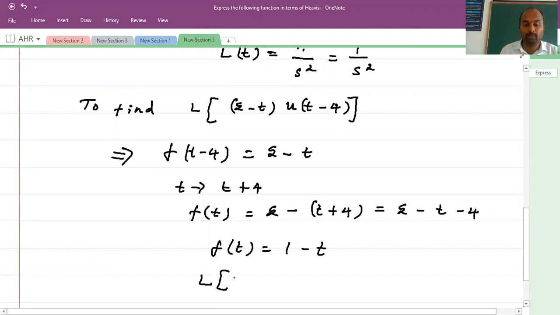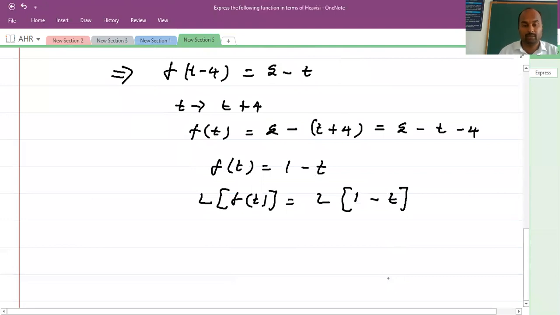Now use the property. Laplace transform of 1 minus t, that is f of s, is equal to, Laplace transform of 1 is 1 by s, and t will be 1 by s square.